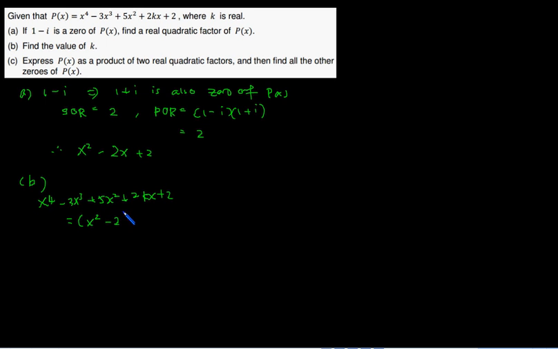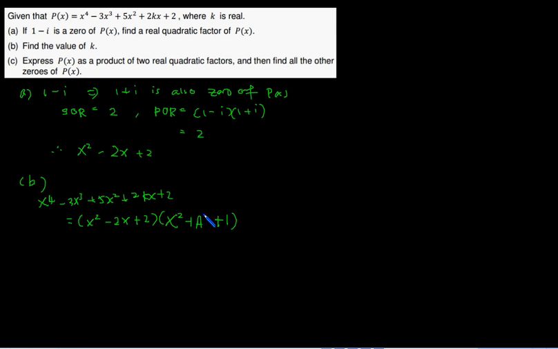One of the quadratic factors is already determined earlier in part A, and there will be another quadratic factor, which is quite easy to determine by inspection, because here we have x to the power 4, here's x squared. Clearly this must be x squared, and here this constant is 2, so the constant for this quadratic factor has to be 1.